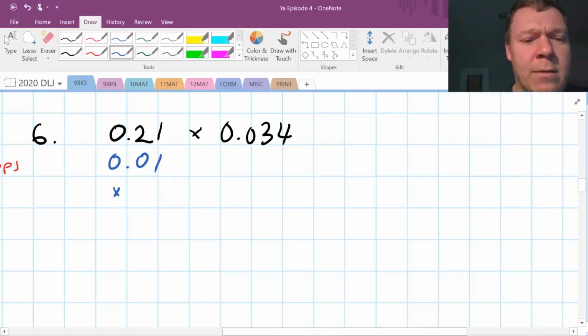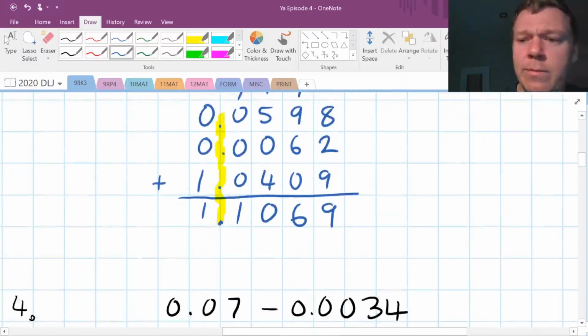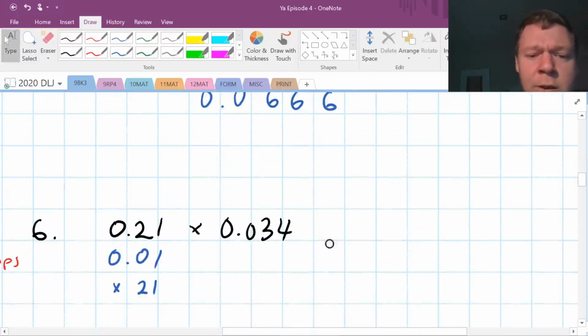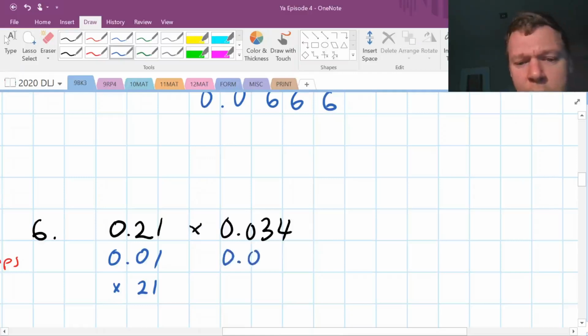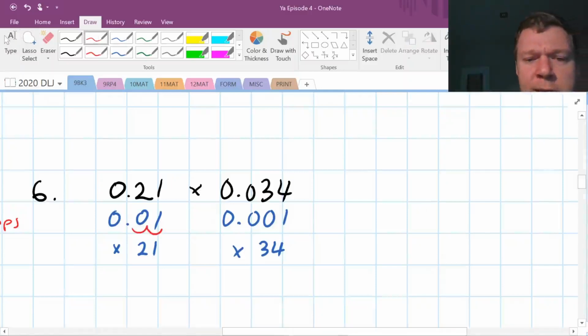And then if I times that by 21, I would get back to this original number. So that's how I can break that number up. And then over here we have 0.001 times 34. So we have 1, 2 jumps there, and 1, 2, 3 jumps there. So 5 jumps.